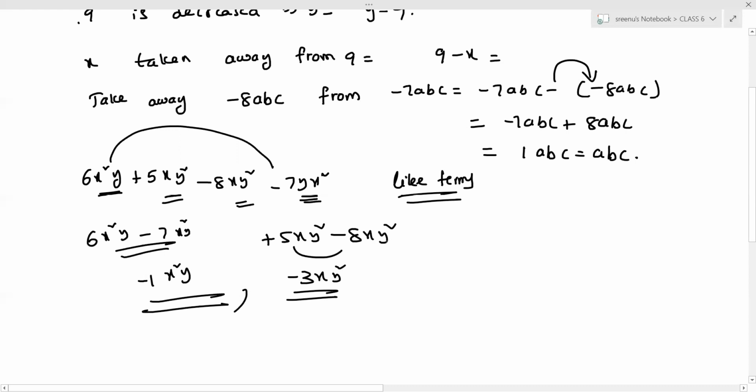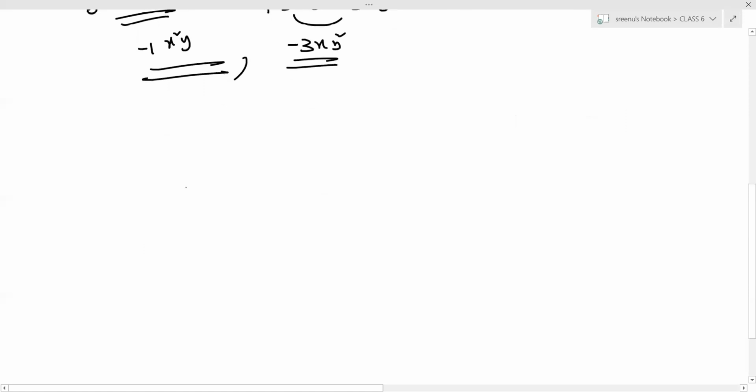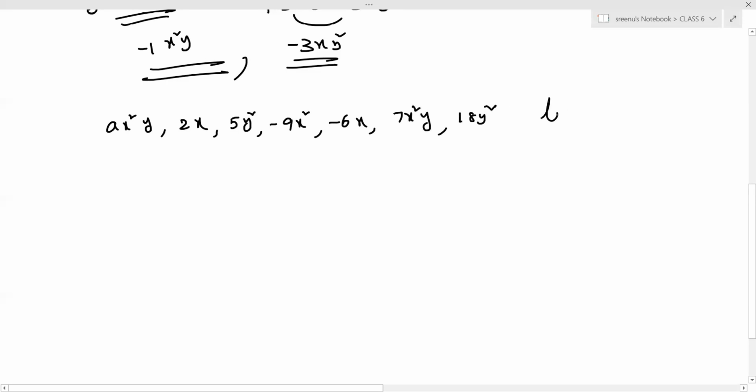The next one. One more question I would like to write here. a x square y, 2x, 5y square, minus 9x square, minus 6x, 7x square y, 18y square. Among these, which are like terms?